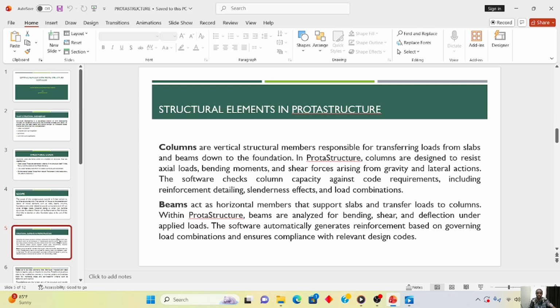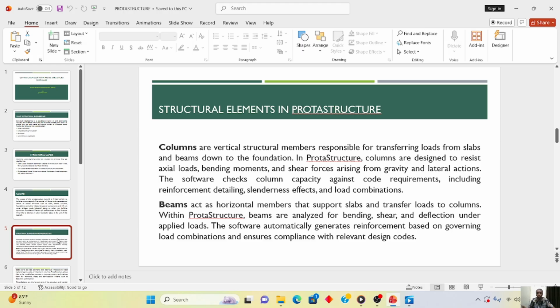Okay, so structural elements in Protastructure. When you talk about structural elements, we are talking about columns, beams, slabs, and foundations. Now, what are columns? Columns, we know, are vertical members that are responsible for transferring loads from the slabs and beams down to the foundation. While beams are horizontal members that support our slabs and then transfer loads down to the columns.